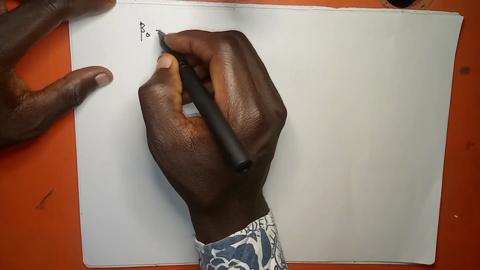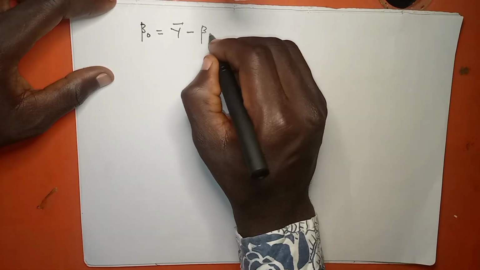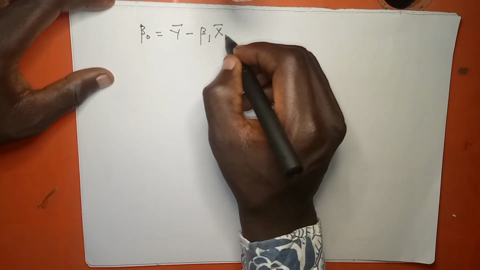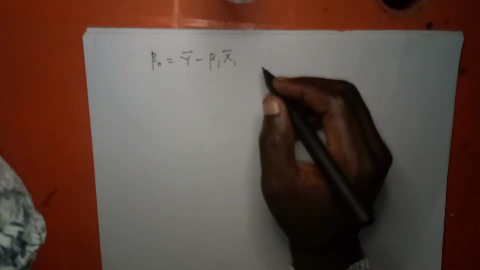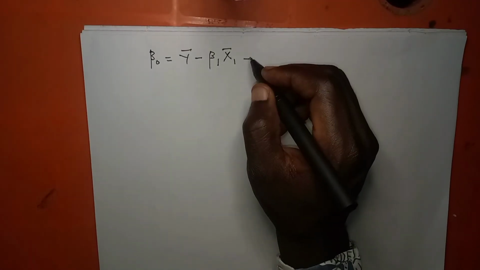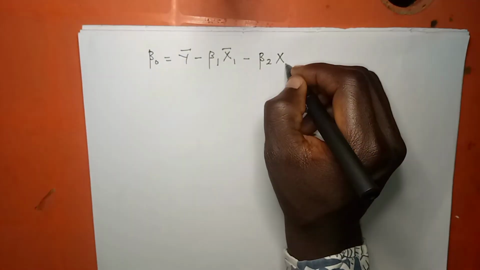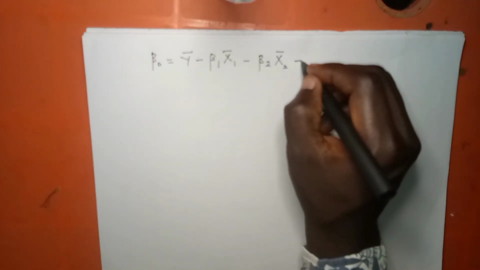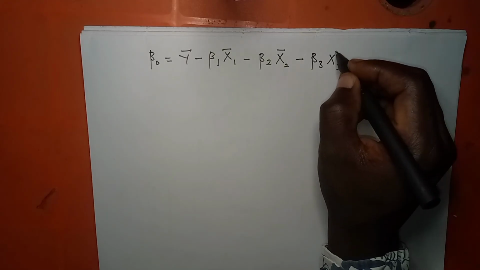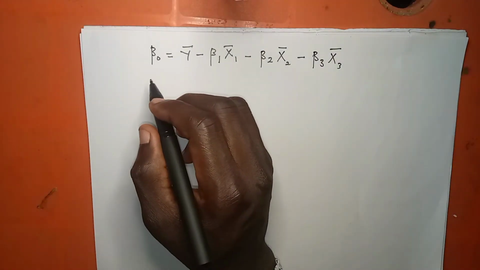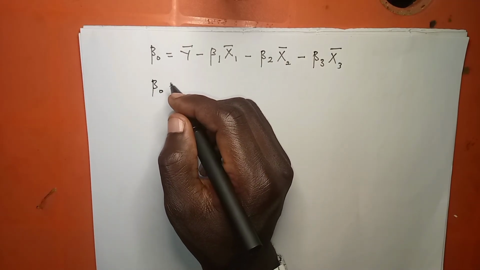Beta naught equals y bar minus beta 1 x bar 1 minus beta 2 x2 bar minus beta 3 x3 bar.